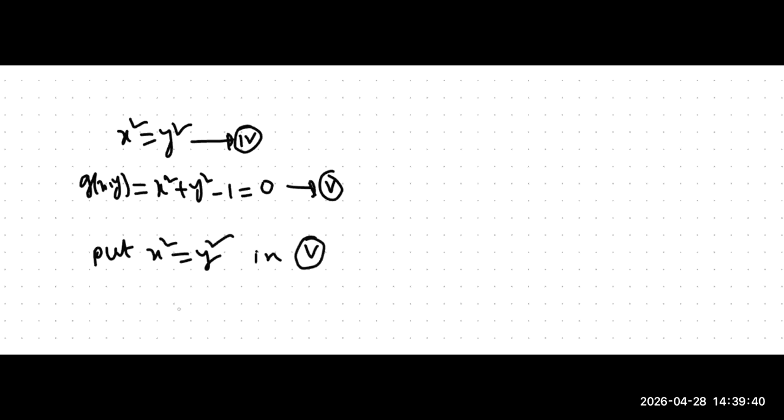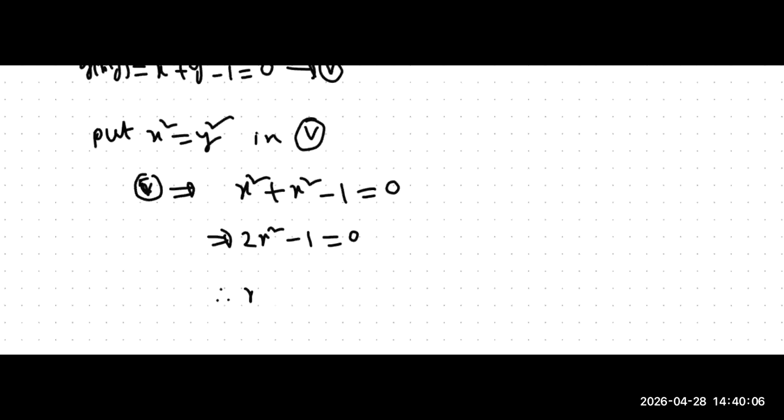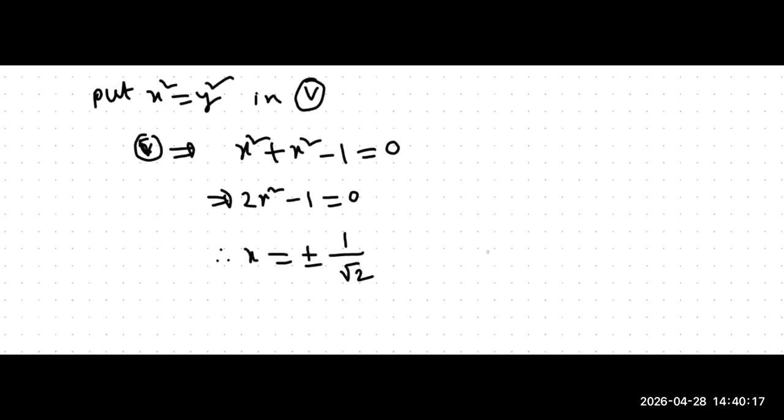So from this equation number 5, x square plus x square minus 1 equal to 0. So 2x square minus 1 equal to 0. So x is equal to plus minus 1 divided by root 2. Okay, so these are the corresponding x values.